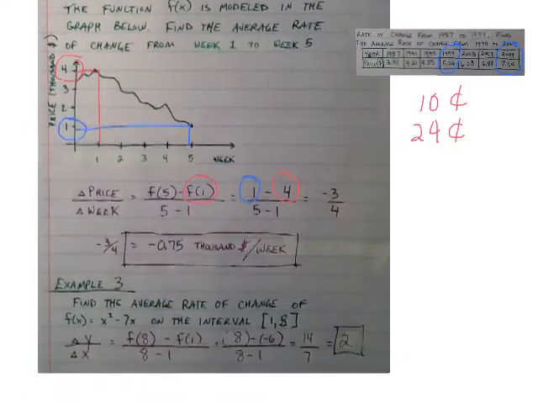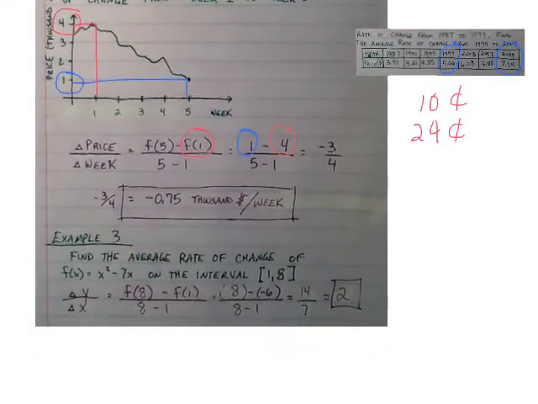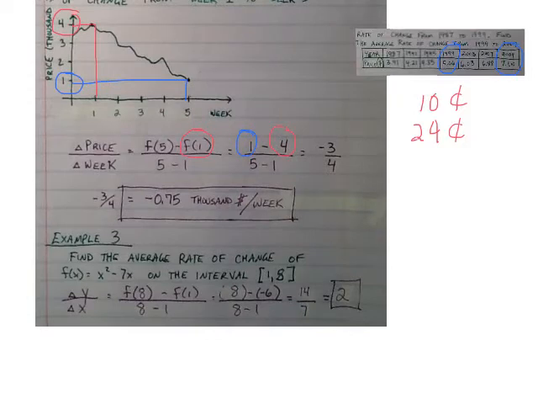Alright, let's look at example 3, which is doing this from an equation, and it says find the average rate of change of the function x squared minus 7x on the interval 1, 8. And here we don't have units, we're just looking for change in y over change in x, which means we're going to find f of 8, and if we plug that in we get 64 minus 56, which is actually 8.